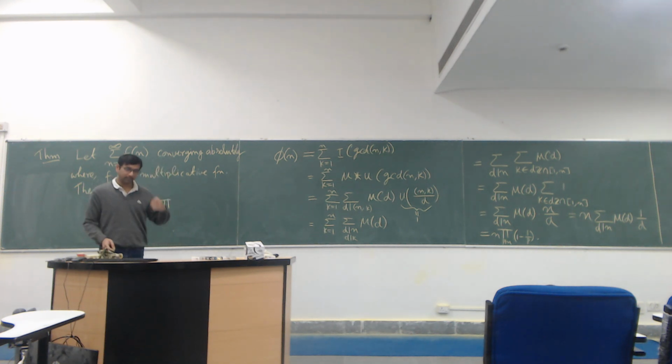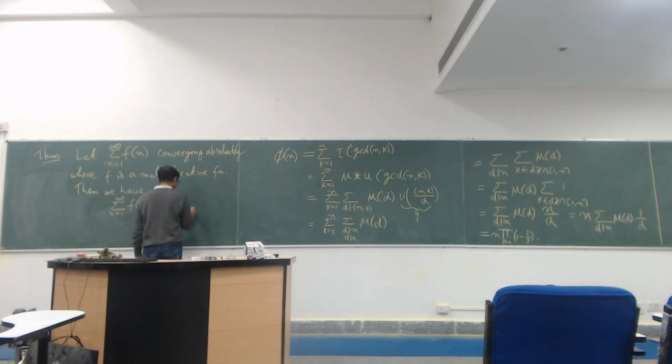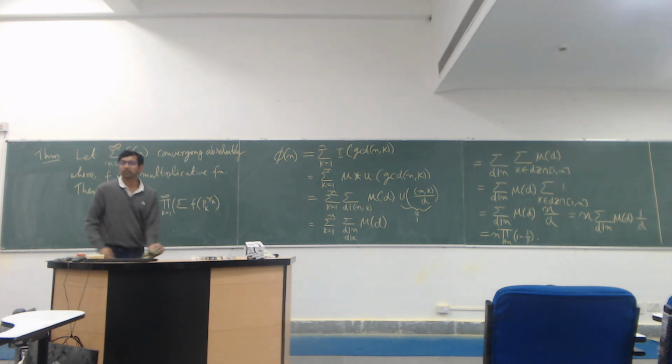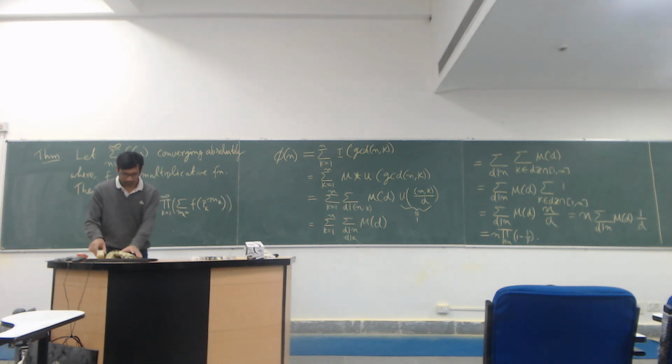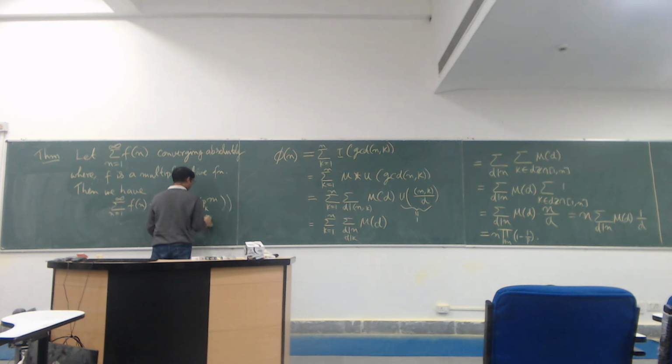If you number the primes p1, p2, up to pk, then you can write this as a product over k running from 1 to infinity of the sum over f of pk to the n, where n is running from 0 to infinity.